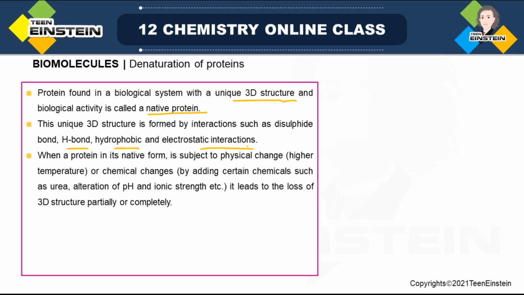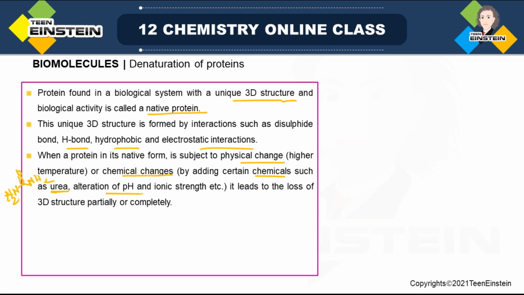But suppose for some reason these interactions are destroyed, then what will happen? When a protein is in native form and it is subject to some physical change, that is possible if you are increasing the temperature, or sometimes there may even be chemical change. How is that possible? If you are adding some chemicals such as urea. Urea is NH2CONH2. This is the urea structure.